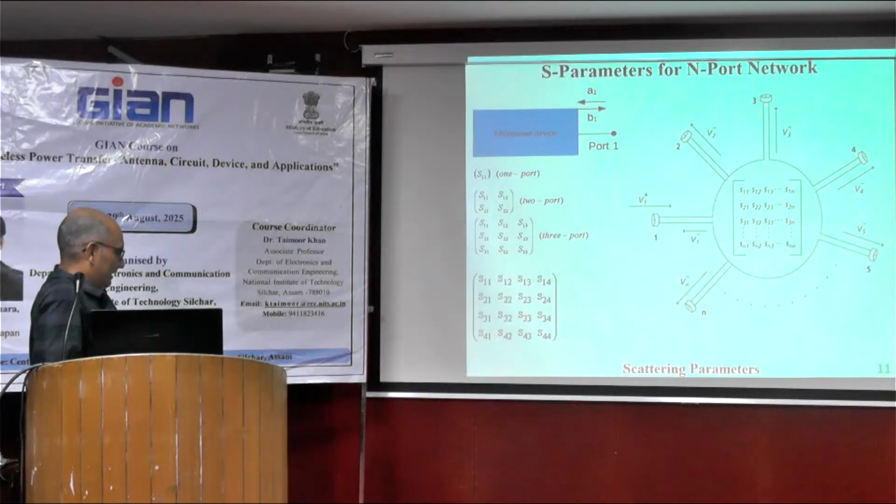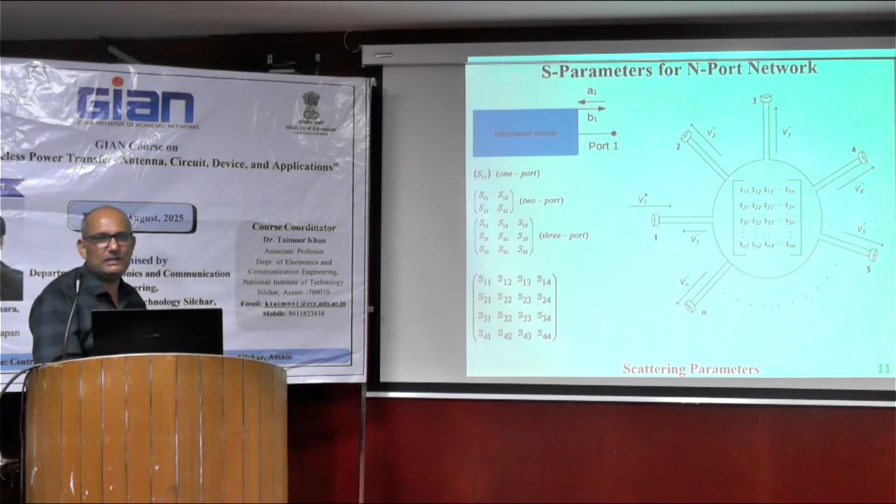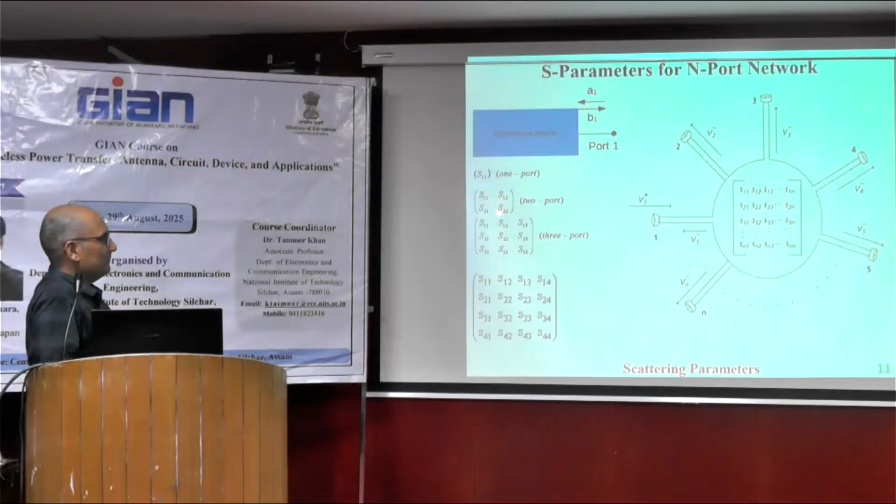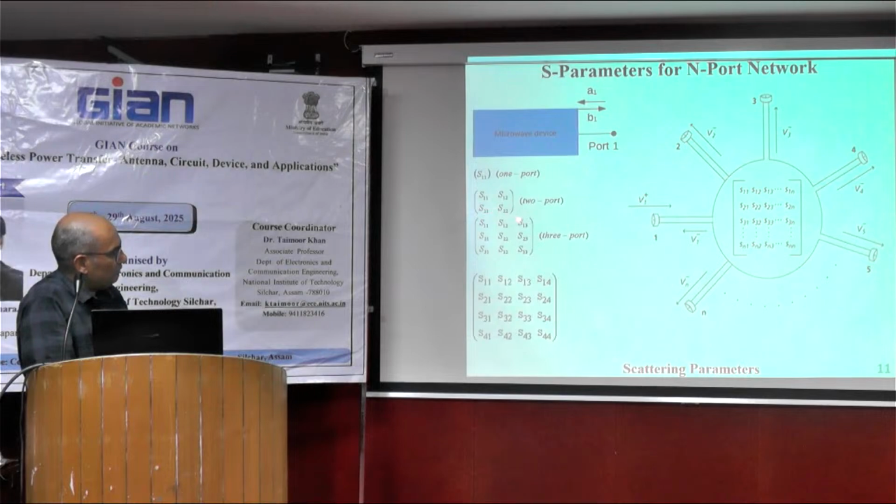If you have two ports, then the matrix will be two port. In the case of MIMO systems, you take S11, S12, S21 and S22, and you give certain conclusions in terms of S11 and S22 values, and certain conclusions in terms of S12 and S21 values.